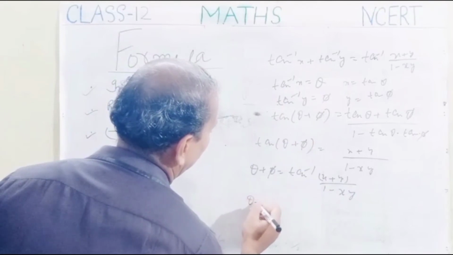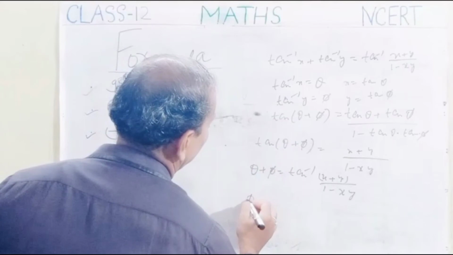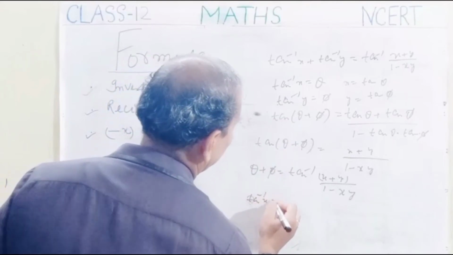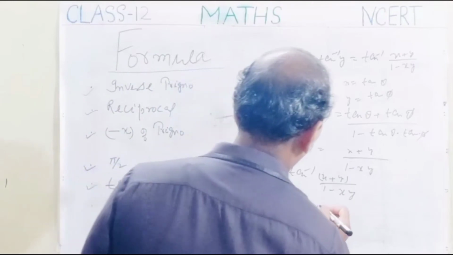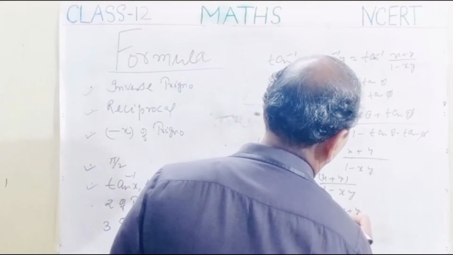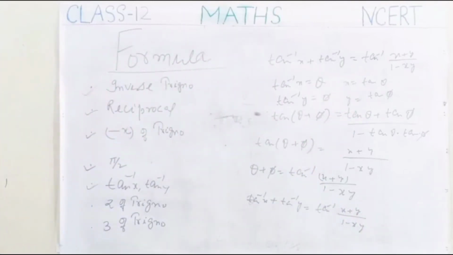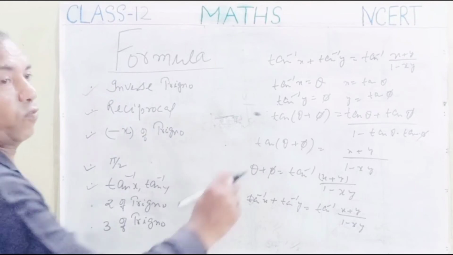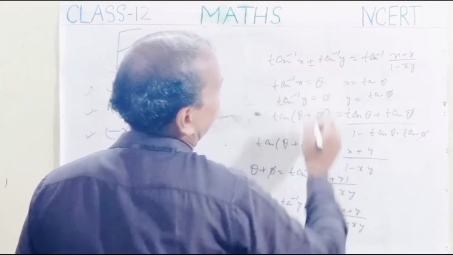Theta I can write as tan inverse x. So tan inverse x plus tan inverse y is equal to tan inverse of x plus y divided by 1 minus xy. Similarly, let's suppose I am interested in finding tan inverse x minus tan inverse y.